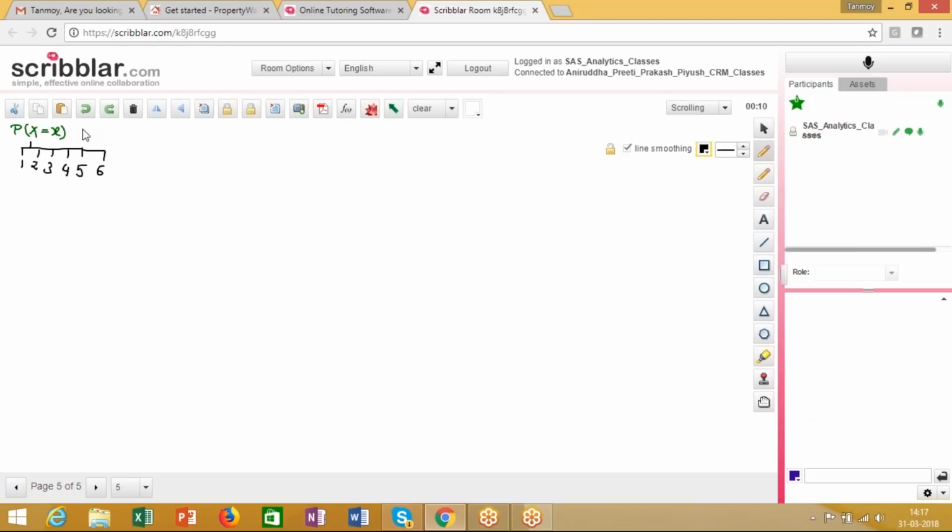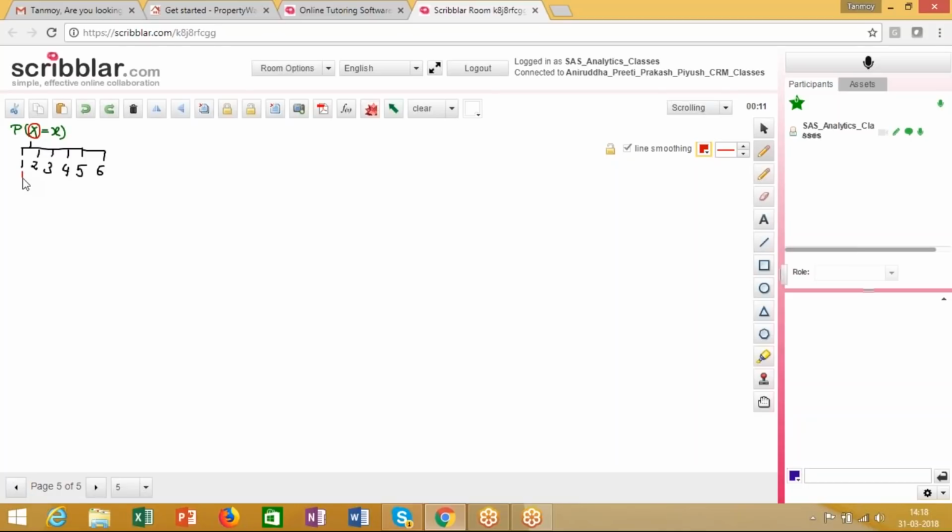So instead of saying that on rolling a die there are 6 possible outcomes, what I'm saying is that there is this variable x which can take these 6 values.